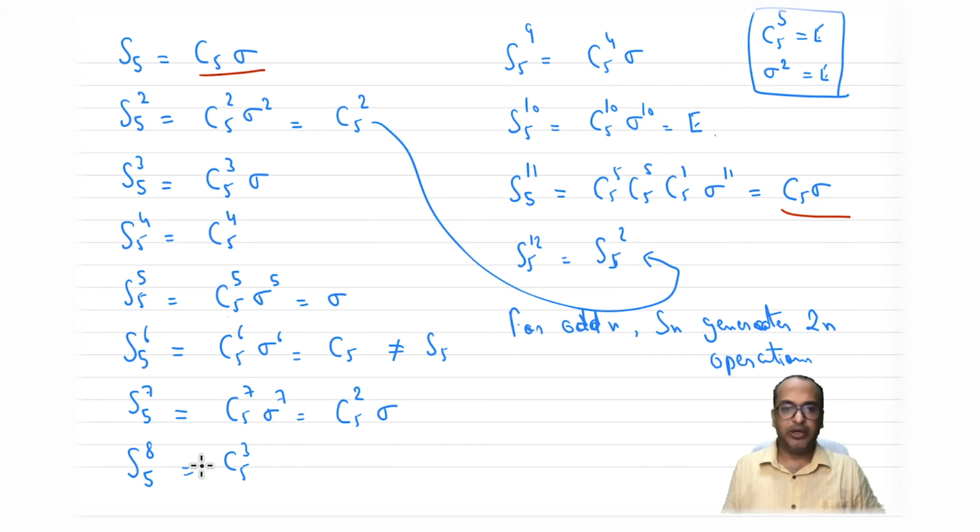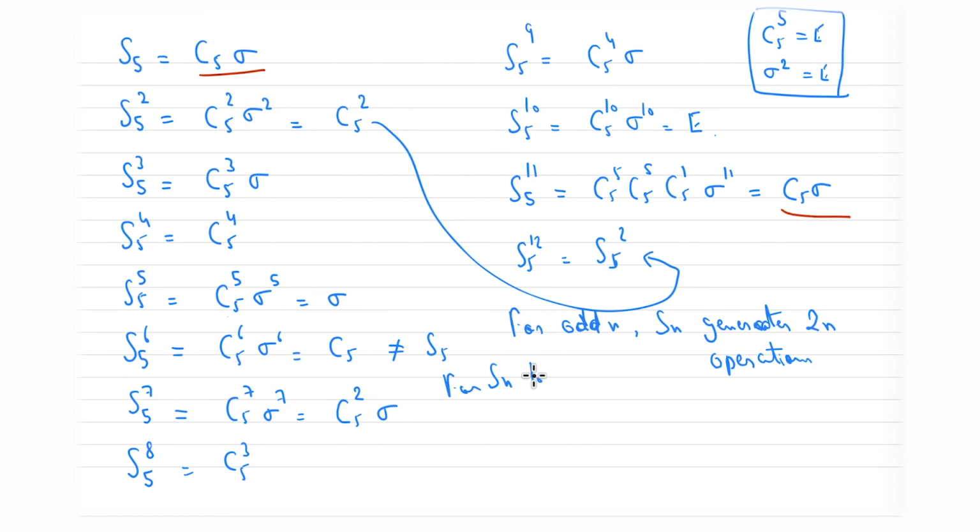One more point here is that for Sn to exist, Cn and sigma must exist independently.